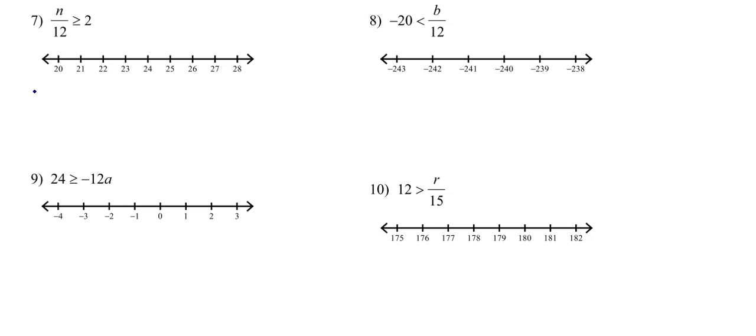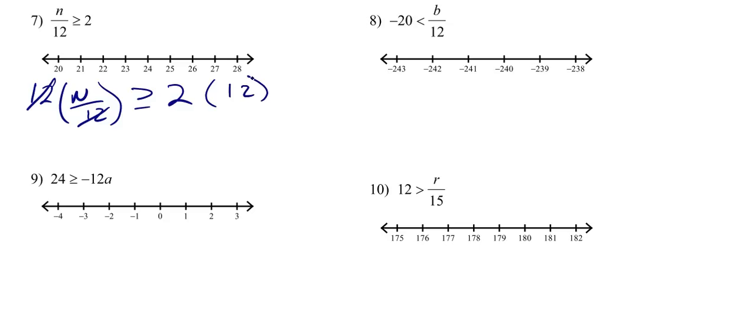So we're going to multiply both sides by 12. So you've got n divided by 12, and we know that is going to be bigger than 2, right? Well, these cancel out. Well, they actually become 1, but we're going to say they cancel out. n is greater than or equal to 24.